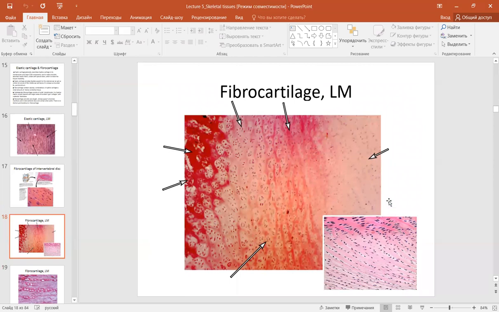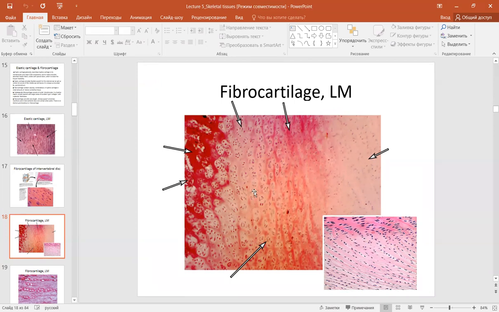Here you have another view on the light micrographic representation of the fibrocartilage with chondrocytes forming the parallelly arranged rows of the cellular elements.